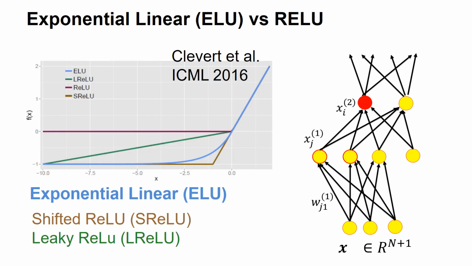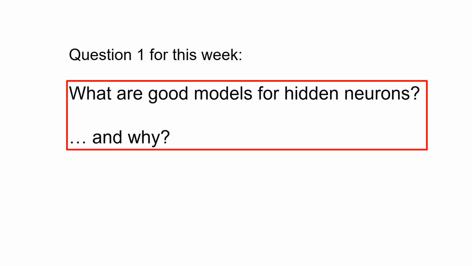Or a shifted rectified linear unit, or an exponential linear unit, or some sort of piecewise linear unit which is called leaky rectified linear unit. Again, what is the best choice? And so this is the first question for this week. What are good models for hidden neurons, and why?